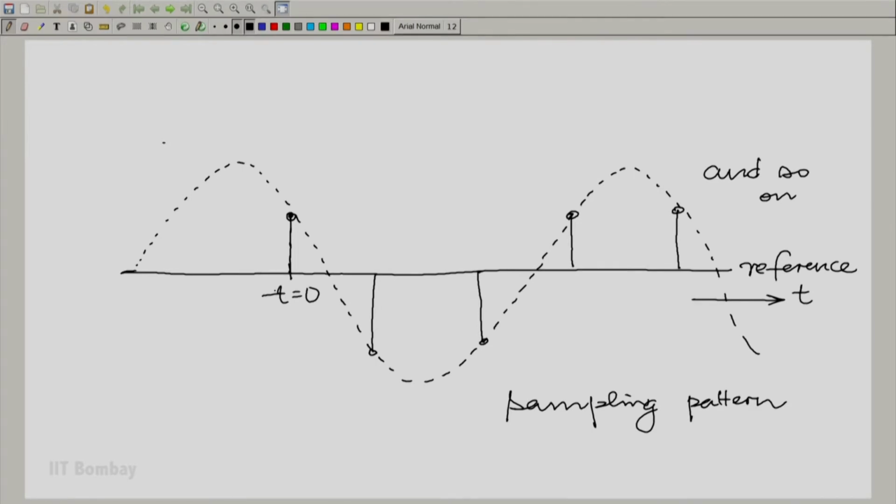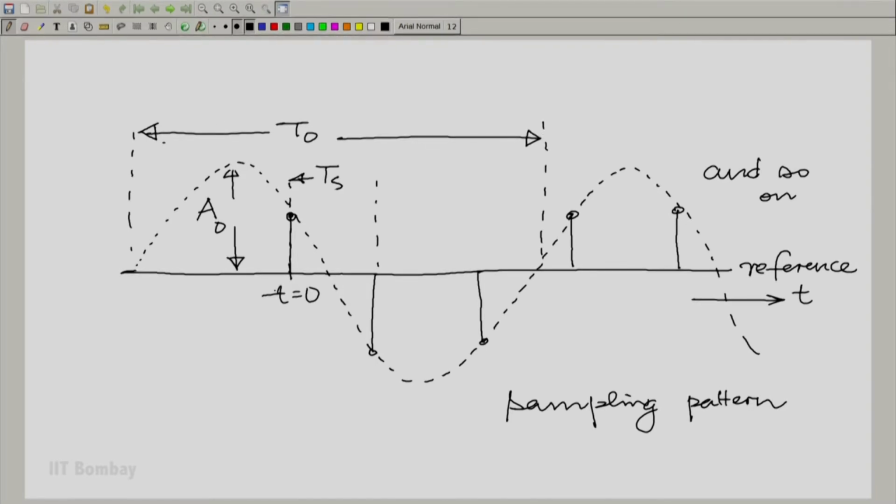Now let us write an expression for this sinusoid. So let us assume the amplitude is A naught, and of course the period of the original sinusoid is taken to be t naught. The sampling interval is taken to be Ts.